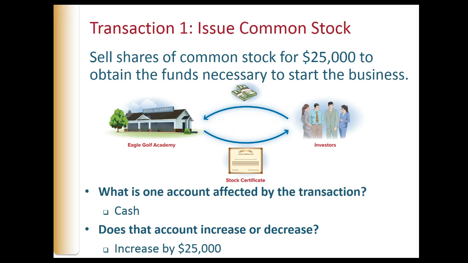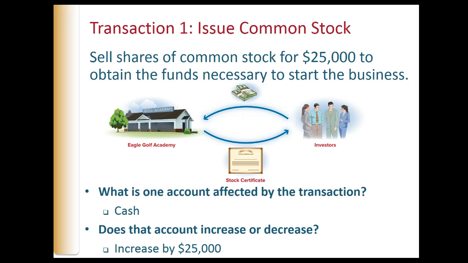Well, it's increasing by $25,000. Remember, cash is a resource. This resource is owned by the company, which makes it an asset. Now, the company receives cash from investors, so cash is going to increase, and total assets ultimately increase by $25,000 because cash is an asset, right?